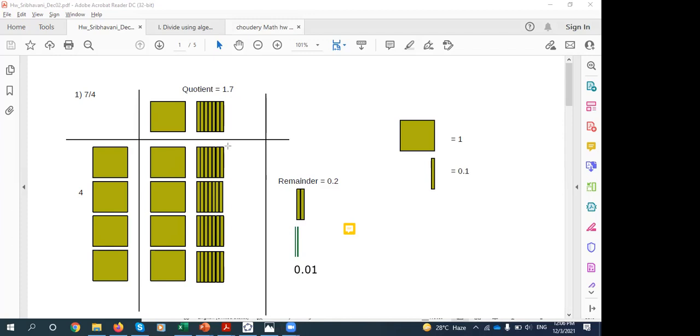So if we split them, then there will be 20 of them and 5 of them will come here, right?